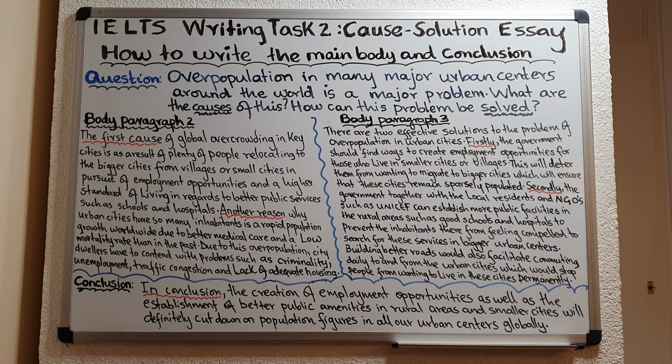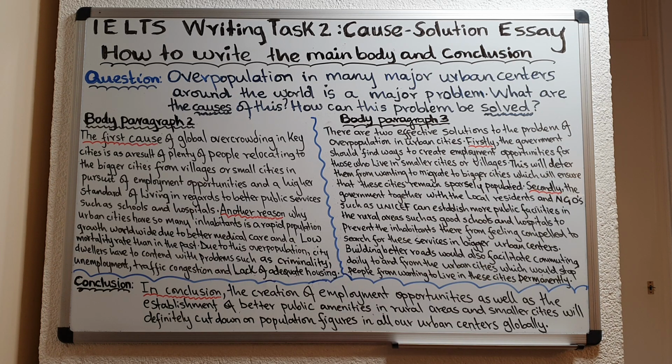Because remember, the question is, what are the problems that are caused by overpopulation? So at the end of paragraph 2, I am going to mention what problems we have to face because of global overcrowding. Now, due to this, so I introduce the problems using the linking word due to this.